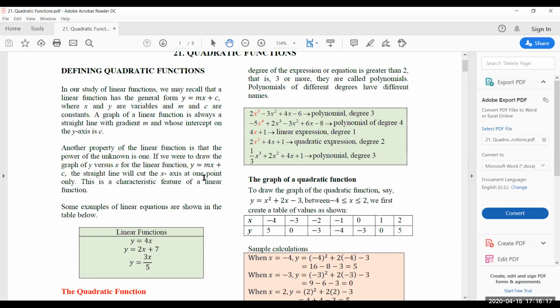Okay, we would have done all that when we did algebra and coordinate geometry and all of those things. So everything is tying in here. Okay, so a graph of a linear function is always a straight line with a gradient, which we know to be m, and whose intercept on the y-axis is c. And if you all can remember, when we did coordinate geometry, I told you all that the intercept is where the graph cuts the y-axis.